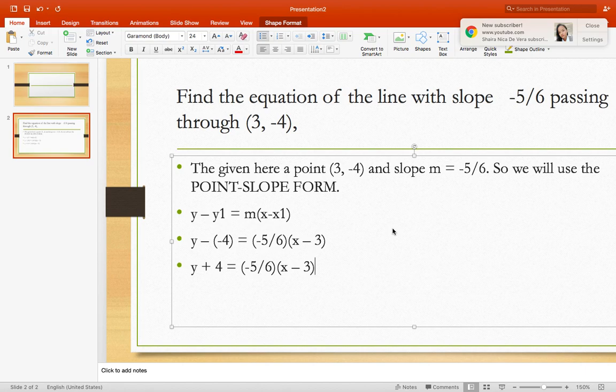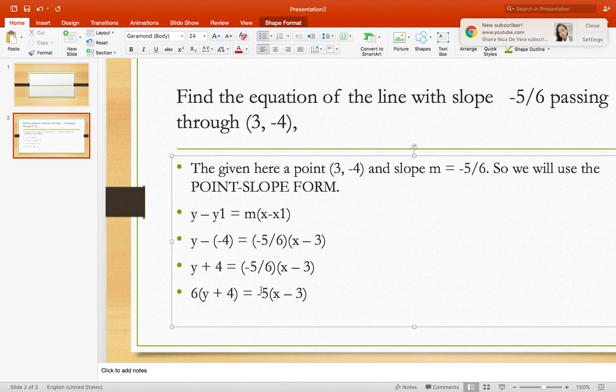Simplifying this further, you will have 6 times the quantity y plus 4 is equal to negative 5 times the quantity x minus 3.